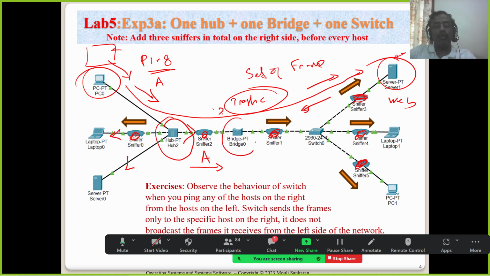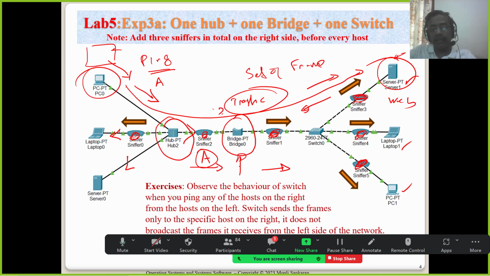Now what does the bridge do? The bridge will only send across the frame A if it is meant for some host on this side. How does it know? It knows the MAC address. I assume that all the devices, the bridges and switches, which are intelligent devices in the network, have learnt the locations of those devices, which MAC addresses are on which side of the bridge.